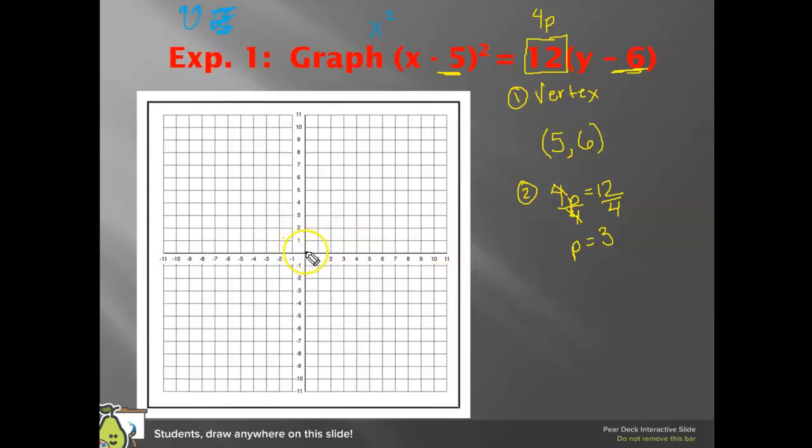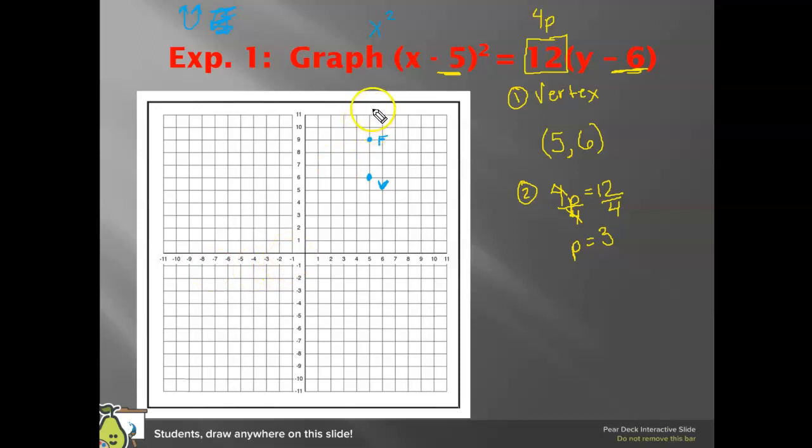So I'm going to go to the point (5, 6), and that's going to be my vertex. Since my parabola is opening up, I want to go up 3 spaces, 1, 2, 3, to get to my focus.